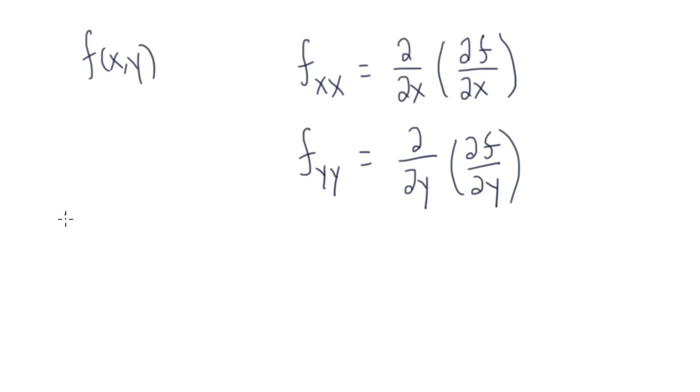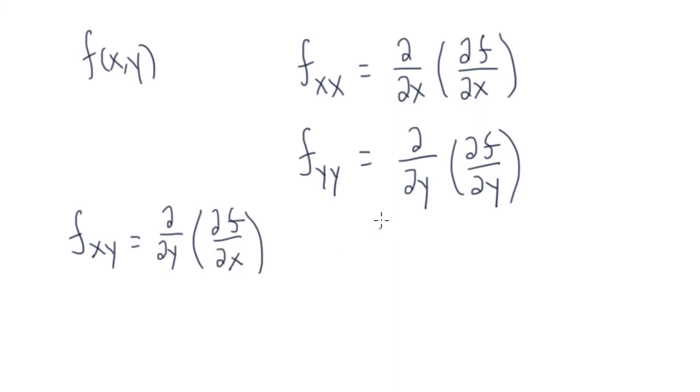So if we look at f_xy, this is going to be the partial with respect to y of the partial with respect to x. And then f_yx is going to be the partial with respect to x of partial f partial y.